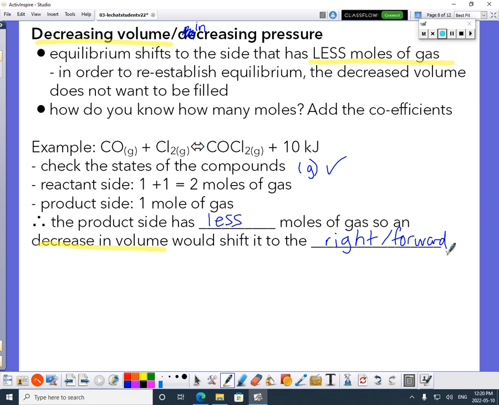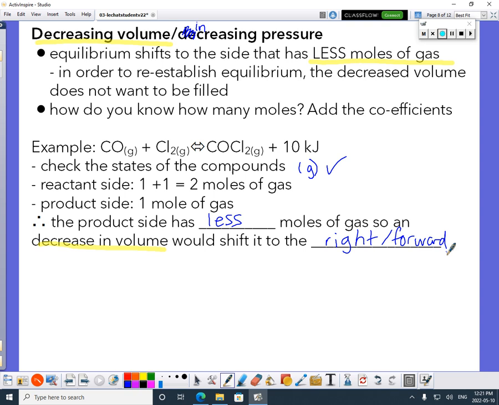Pressure and volume really have fewer ways to explain or think about it than concentration, but you do have to remember: more moles of gas, increase in volume; less moles of gas, decrease in volume. If the moles of gas are the same on both sides, then there's no change.